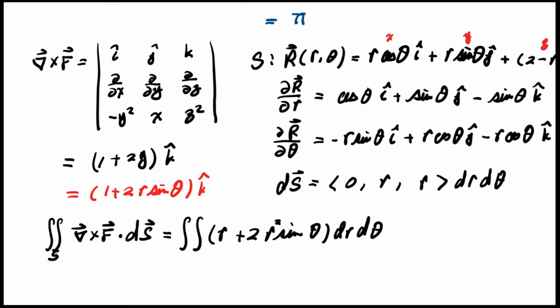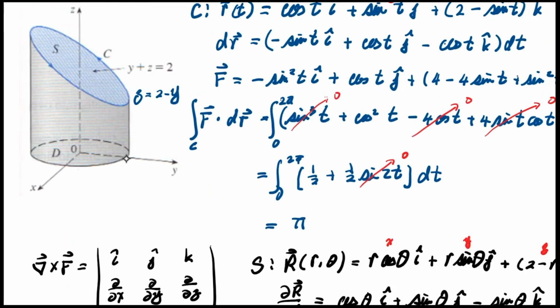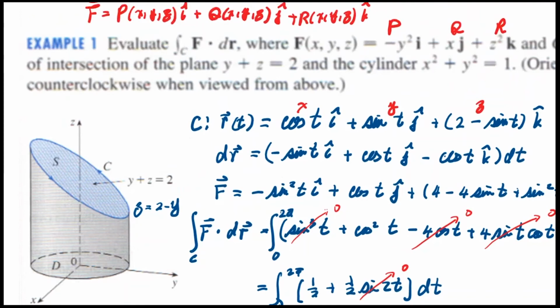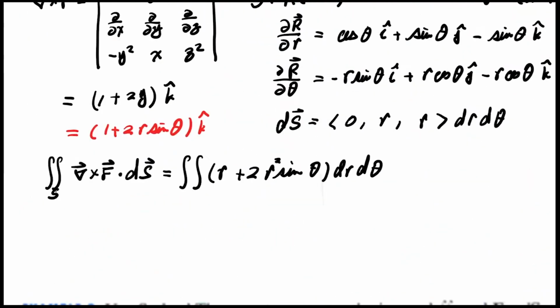Now my r will vary. Looks like a unit sphere. Well, no, it's not a unit sphere. It is a unit sphere, right? Yeah, it is a unit sphere. So r will vary from 0 to 1, and theta will vary from 0 to 2 pi. Okay, let's evaluate this.